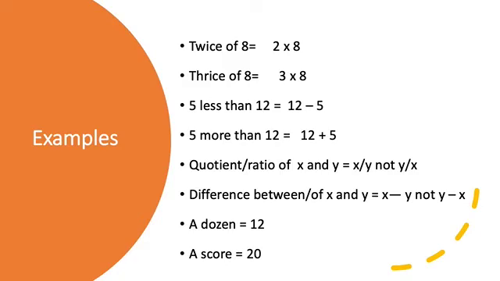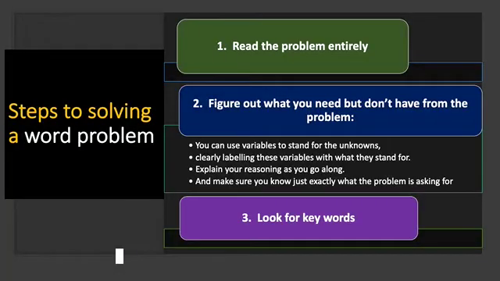Now let's dive into the steps to take when solving word problems. The first step to effectively translate and solve word problems is to read the problem entirely. Don't start trying to solve anything when you've only read half a sentence. The second step is to figure out what you need but don't have. You can pick variables to stand for the unknowns, clearly labeling these variables with what they stand for.